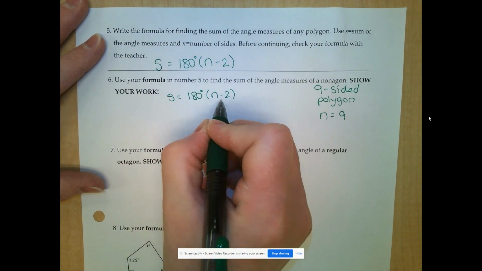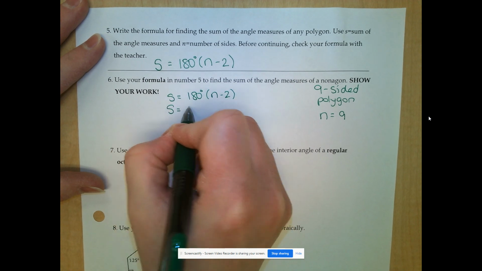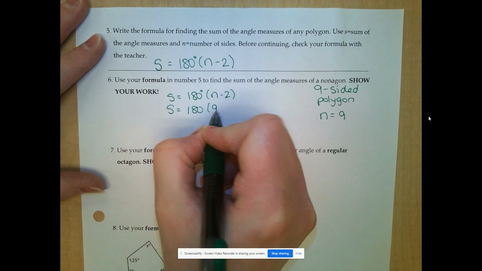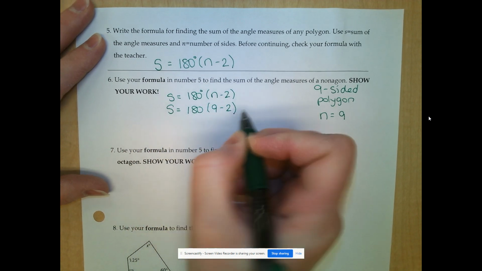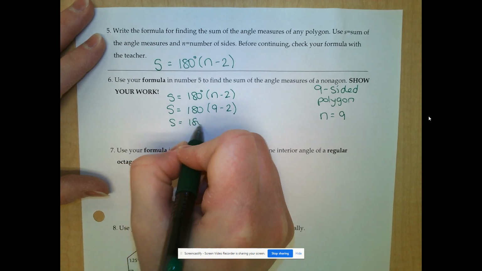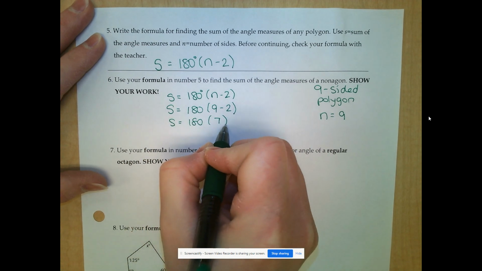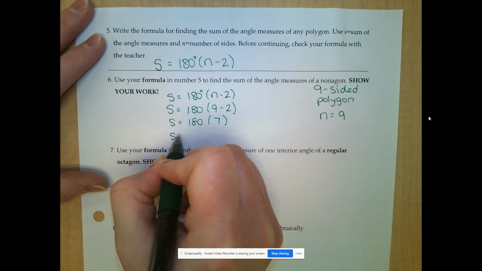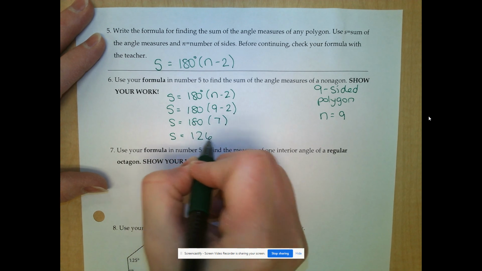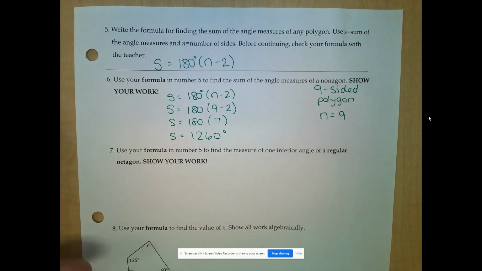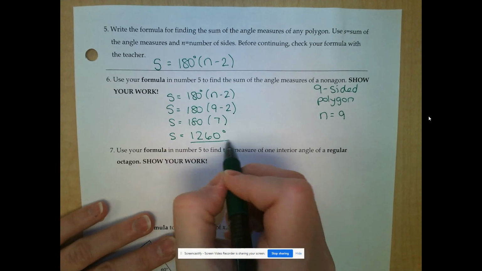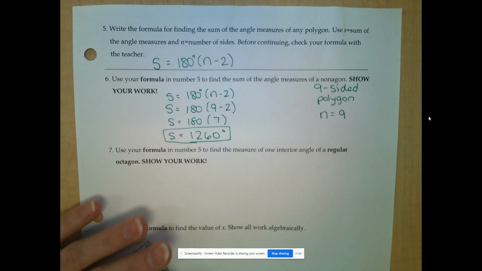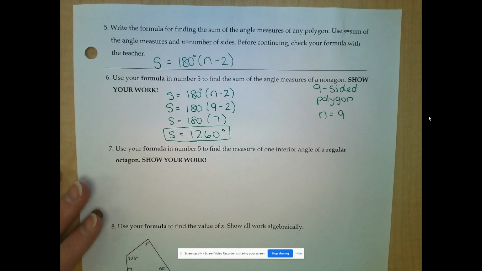That's the equation we just created to get the sum of all the angles, so we do 180 times 9 minus 2. A 9-sided shape would have 7 triangles in it. Each triangle times 180 degrees makes it 1,260 degrees in the nonagon. So the sum of the angles would be 1,260 degrees. And don't forget that degree symbol.